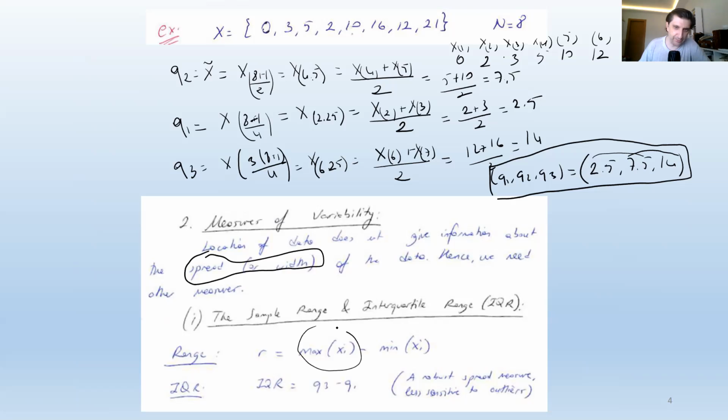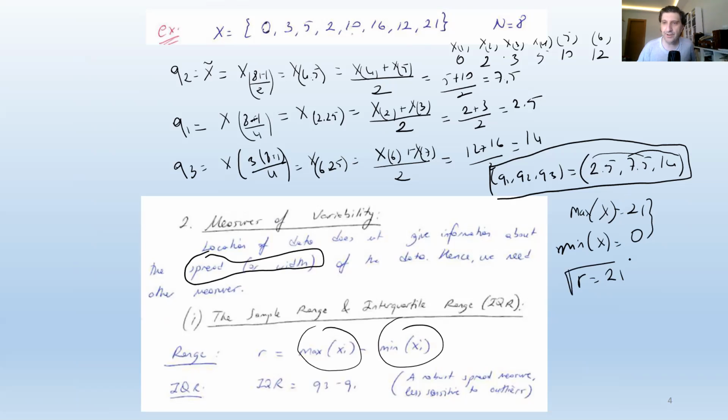You find the maximum value, you find the minimum value, and you subtract those two. For this example, maximum x is 21 and minimum x is 0. You can also report these values, but if you just find the range, it's going to be very informative. Think about this information coupled with the quartiles.